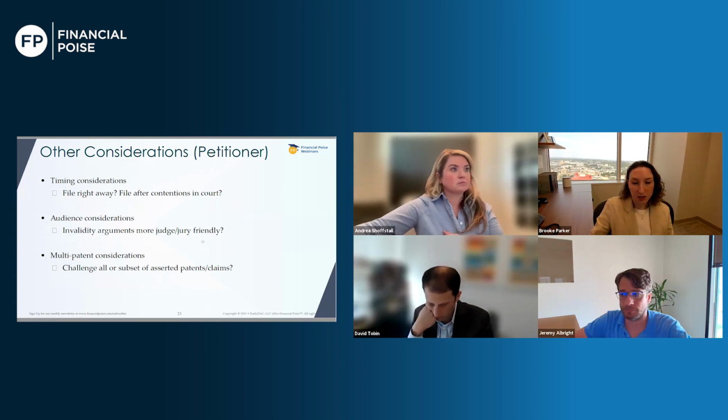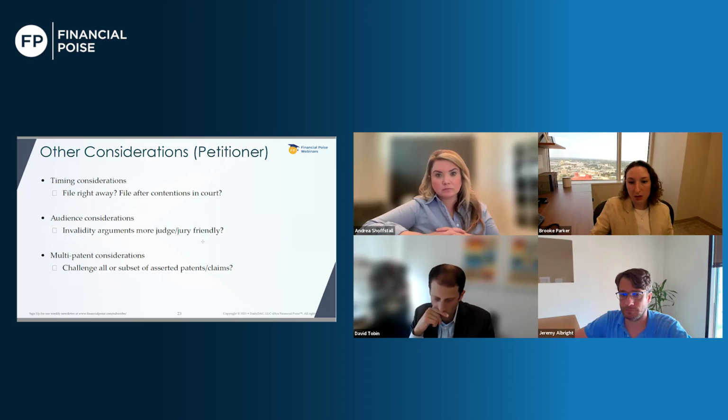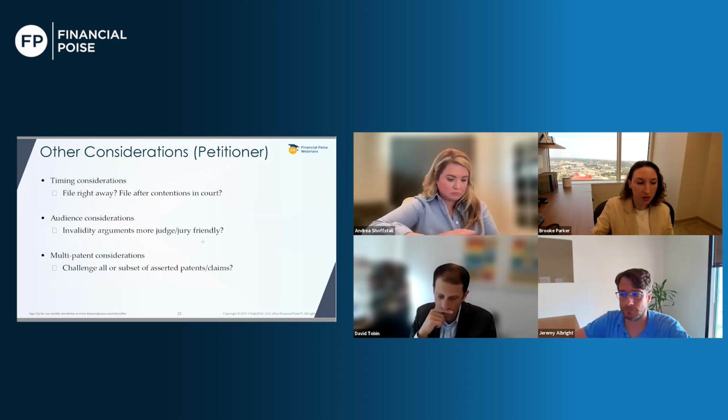In many or most cases, because the director is looking very closely at when the scheduled trial date is, oftentimes petitioners are going to want to file as soon as possible, especially if you're in a court where that moves very fast and where they're not likely to delay trial.